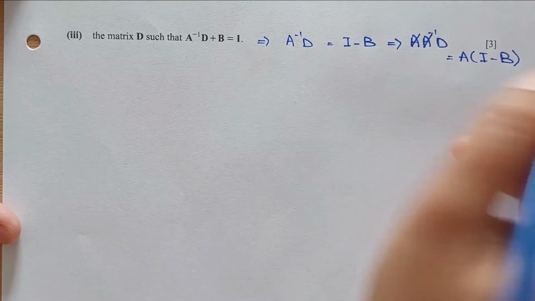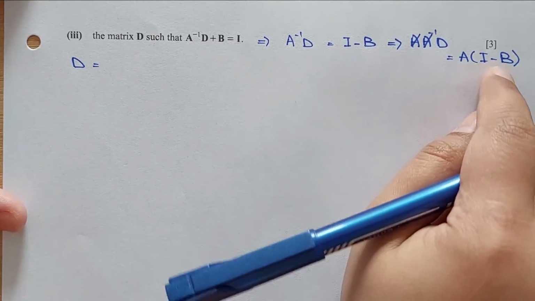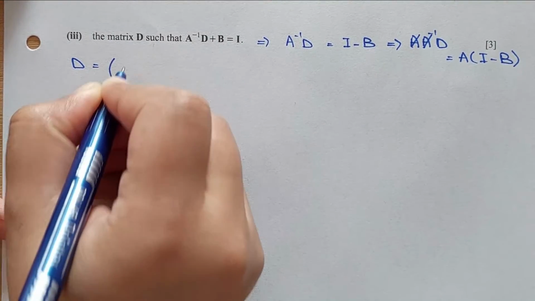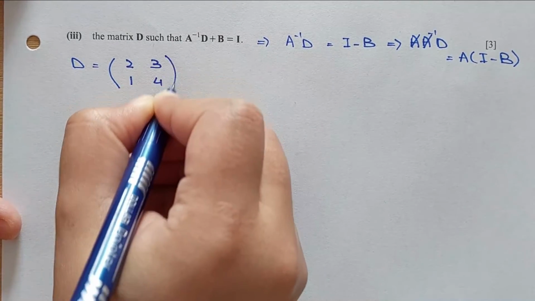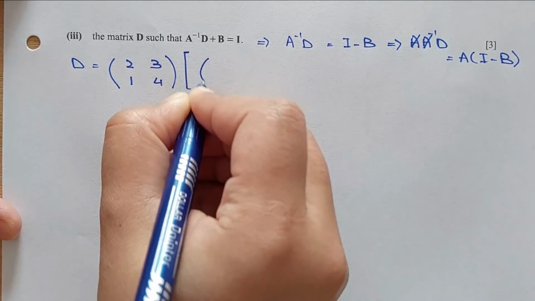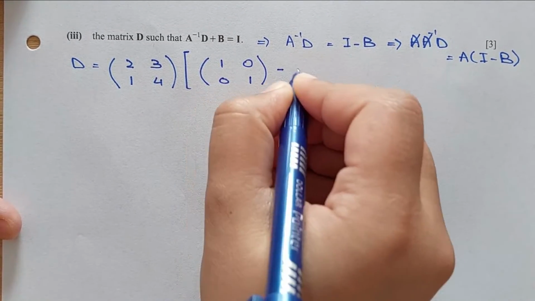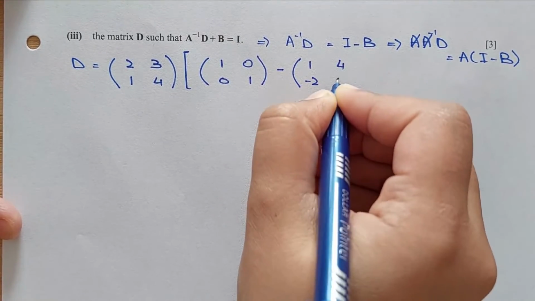A times A inverse is the identity matrix, so we can say the matrix D is A times (I minus B). So we have the matrix A, which is 2, 1, 3, 4, times the identity matrix 1, 0, 0, 1, a 2 by 2 identity matrix, minus the matrix B, which is 1, −2, 4, 5.